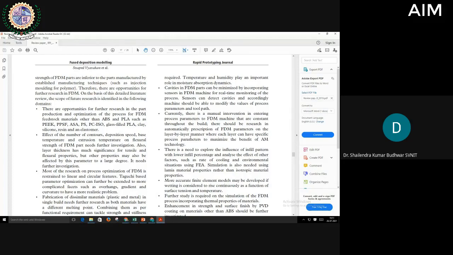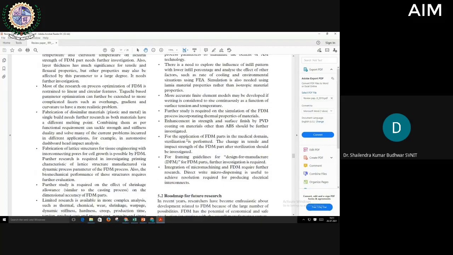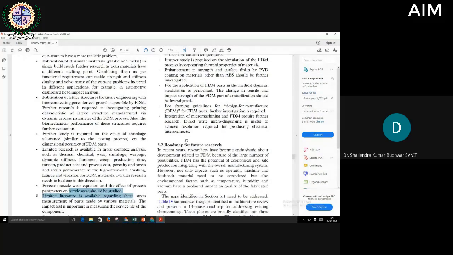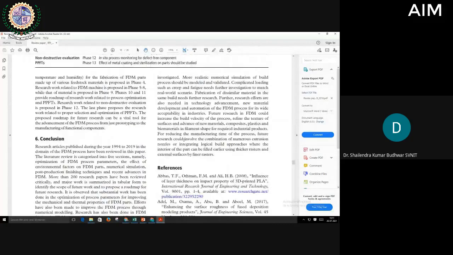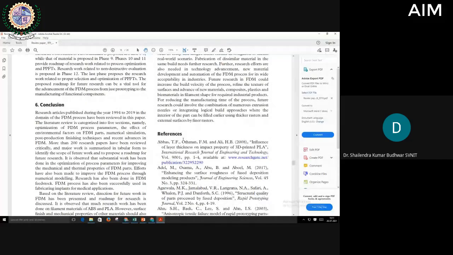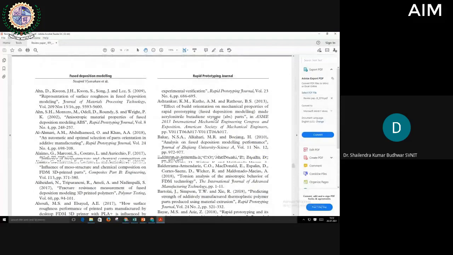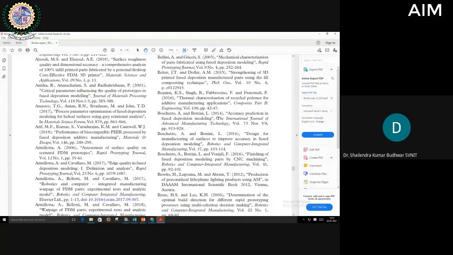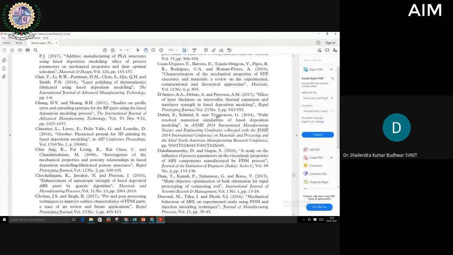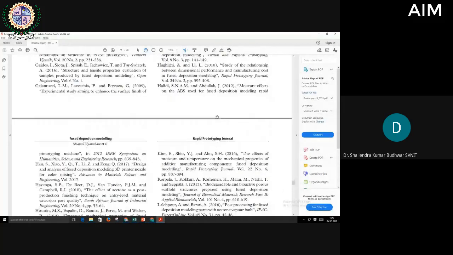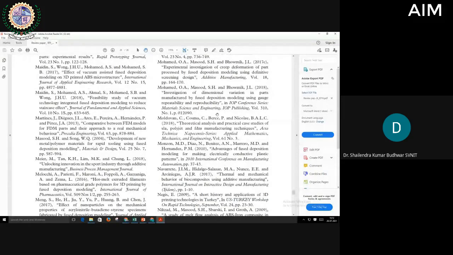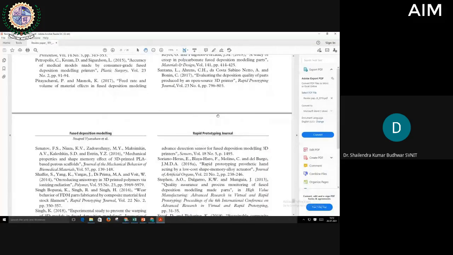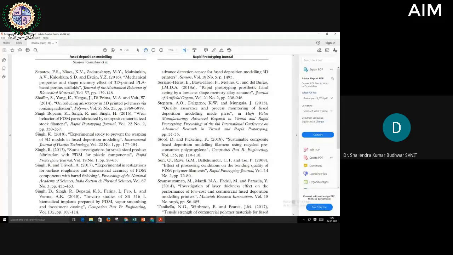Based on the review, we have listed the research gaps and how these research gaps can be fulfilled, and for that, we have suggested this roadmap. So there is a large scope for doing research in this domain.